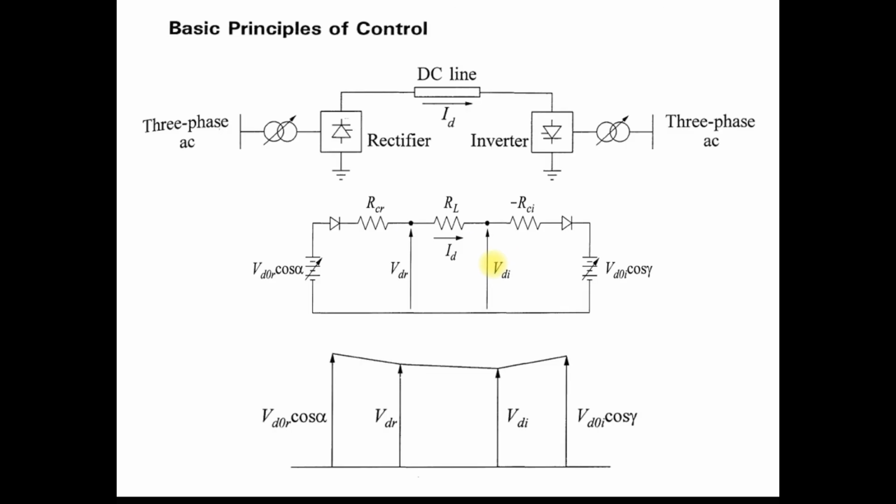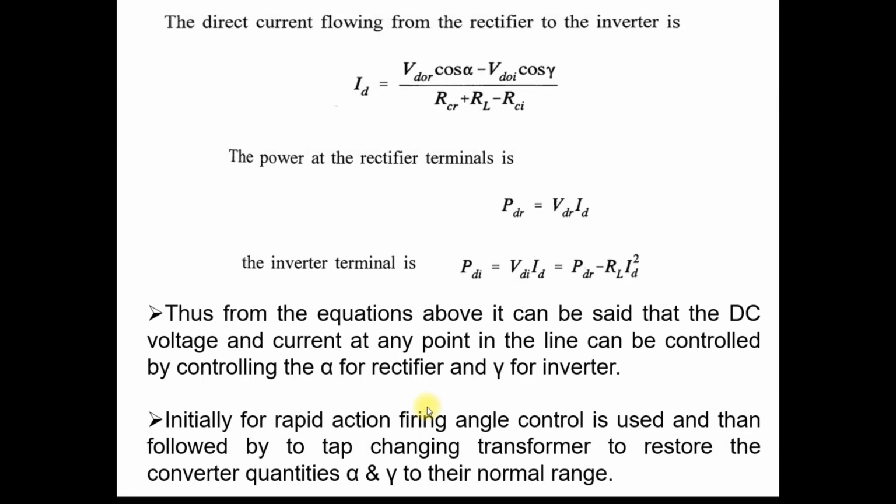Next, we understood the control phenomenon of the HVDC system. We know the single line diagram, equivalent circuit, voltage profile, and then the equation of ID. From the equation of ID, we know that it depends upon alpha and gamma. So control of ID is achieved effectively and with quick response by controlling alpha and gamma.